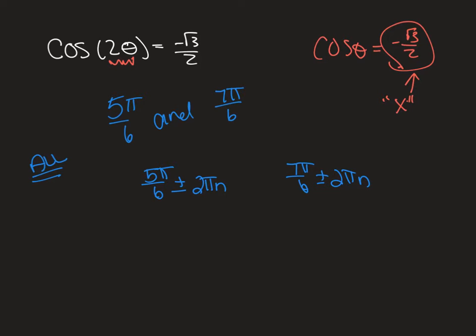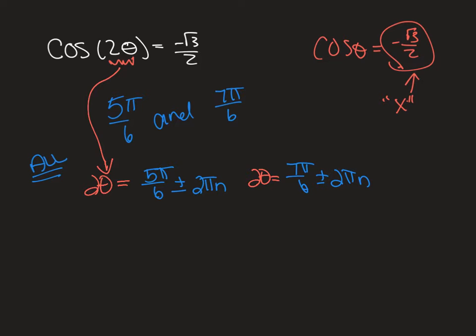Because it's not just theta, it's actually 2 theta, what you need to do is take your 2 theta and set it equal to each of these. You're taking what was actually there, because it wasn't just a simple x or a simple theta.